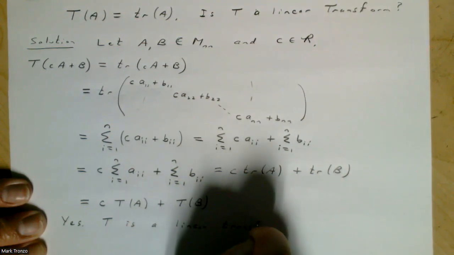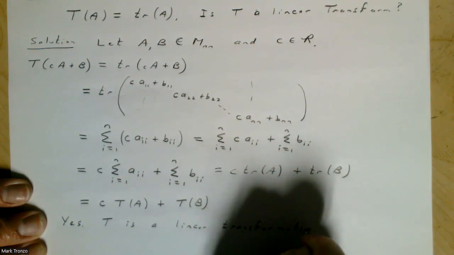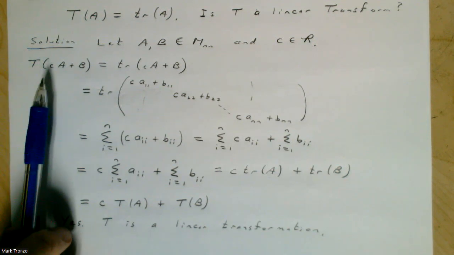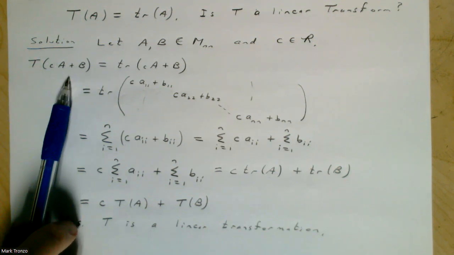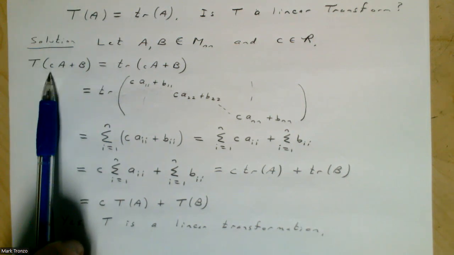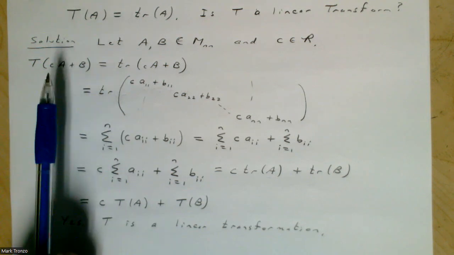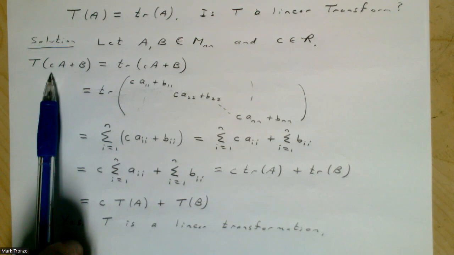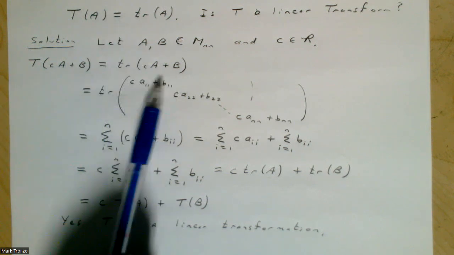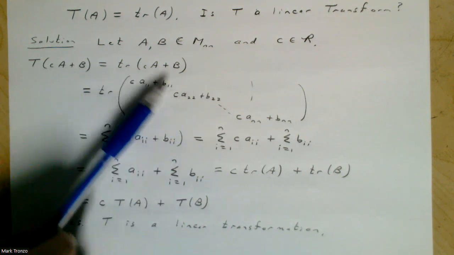And notice how we did all of these tests for linear transformations. We put the cA plus B in. Again, it could be in vectors, cV plus W, or it could have been c with functions, cf plus g, and then used the definition of a transformation and then worked with whatever elements we had.